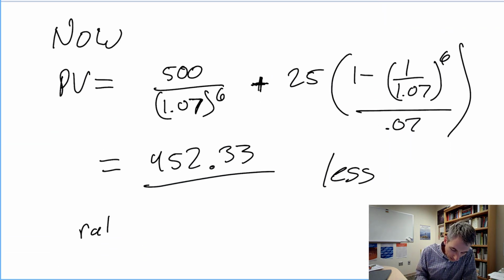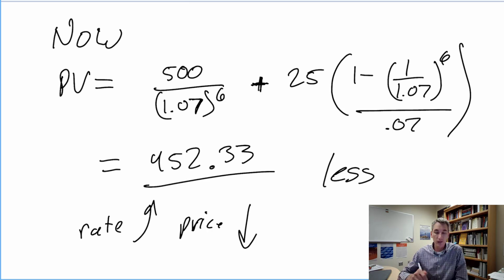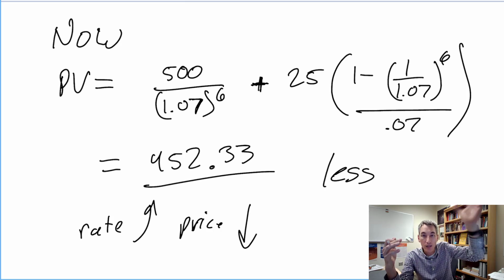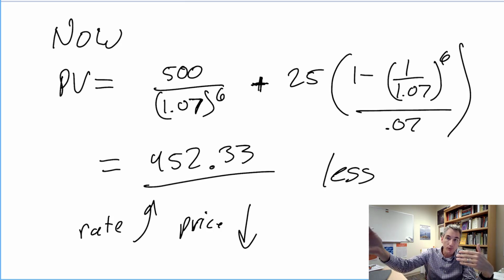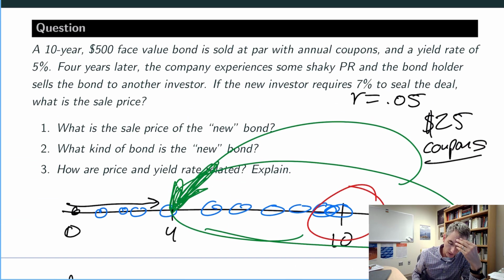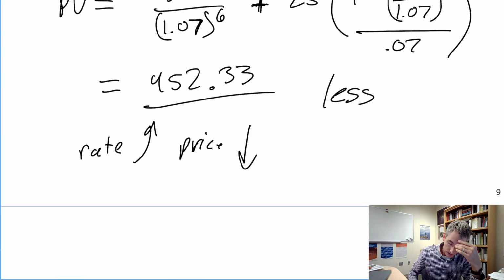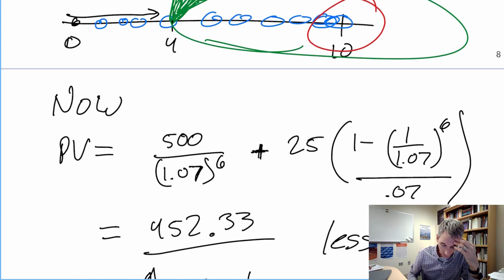Well, if the rate goes up, the price goes down, because risky investments are worth less and require a higher interest rate. So because this investment is risky, when you sold it, you only sold it for about $450. It used to be worth $500, right? The PR lost the value, okay? So that's number 3. Price and yield rate are related. As the rate goes up, the price goes down.